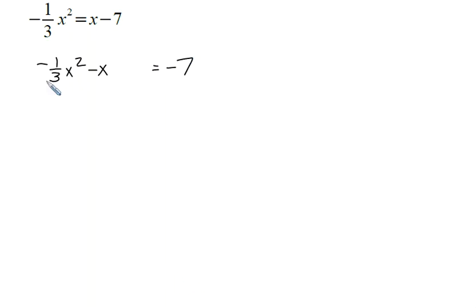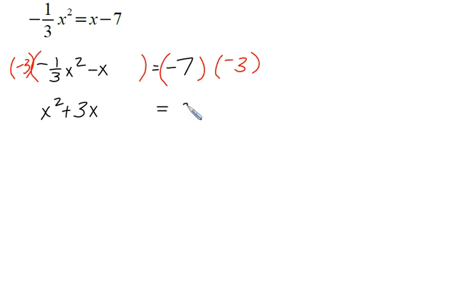And what we can do here to build a 1x squared is multiply through both sides of this equation by a negative 3. That way, on the left-hand side, negative 3 times a negative third cancels, it's just 1. We would have x squared plus 3x is equal to 21.